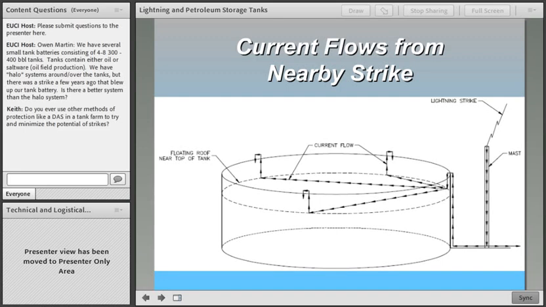So to answer your question, using overhead shield wires does not prevent current flows across the roof-to-shell interface here. So you will still get current flows across this interface.